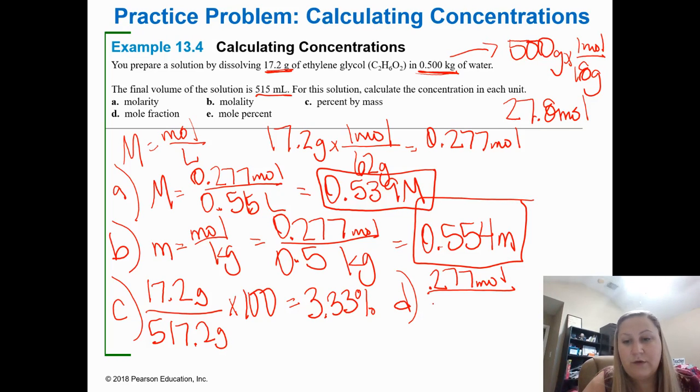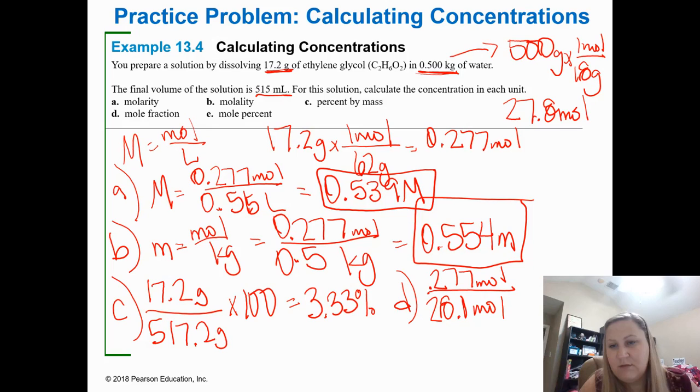Don't forget, for percent and moles, either fractions or mass, you have to have the total solution on the bottom. I'm just going to do 1 for the whole thing. So I've got the 27.8 plus the 0.277.